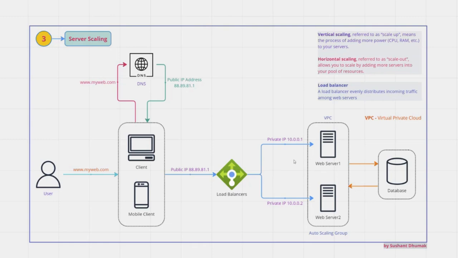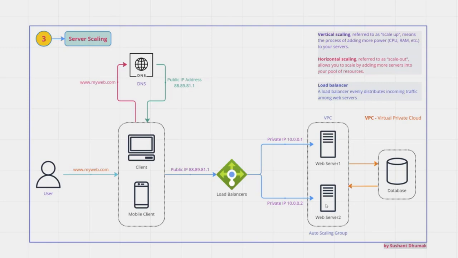Yeah. Good question. Whenever a web server goes down, suppose web server one goes down, temporarily the traffic will be moved to web server two. The second web server will have that traffic, and meanwhile the auto scaling group will try to spin up a new web server in the place of web server one.